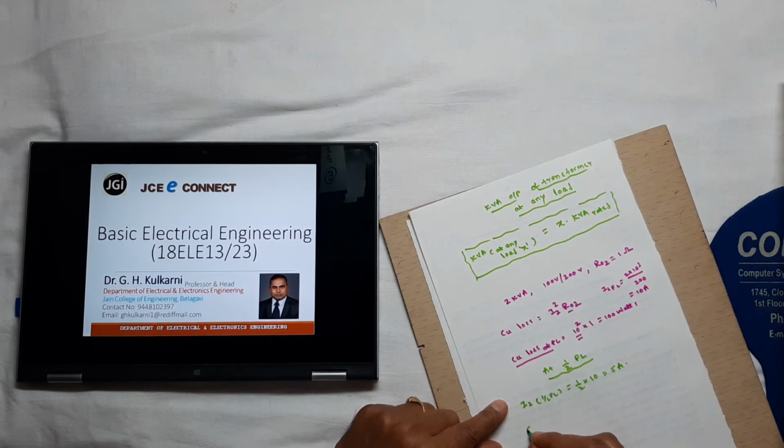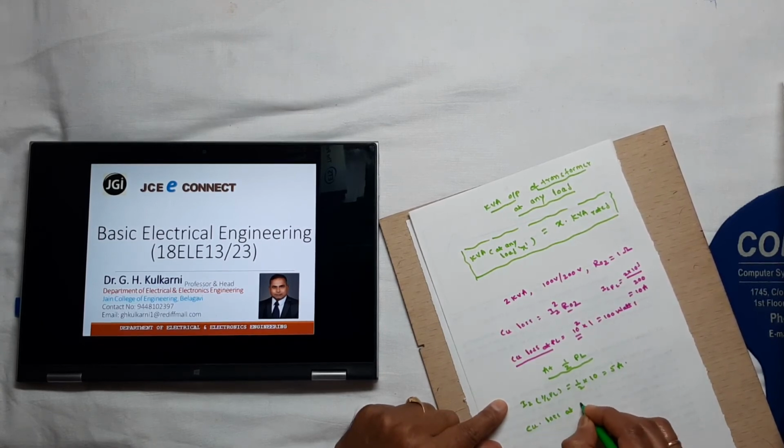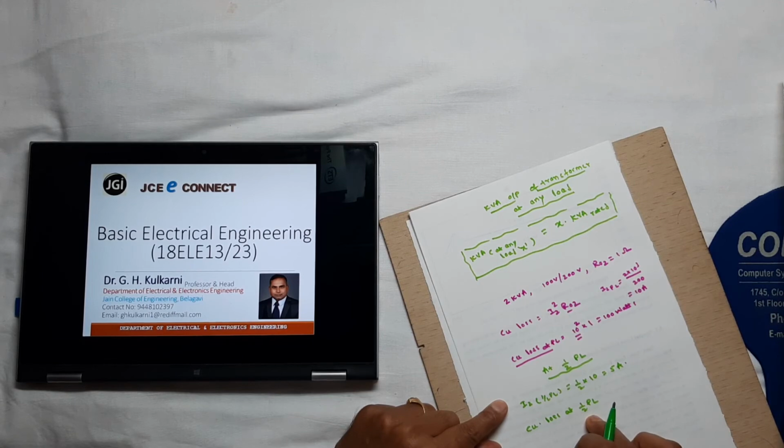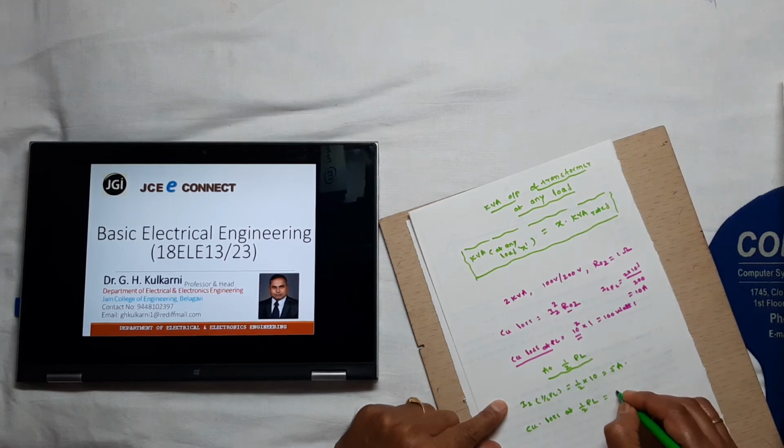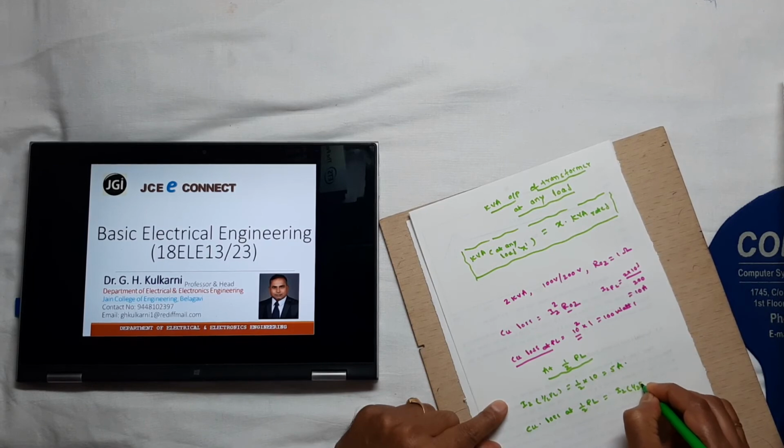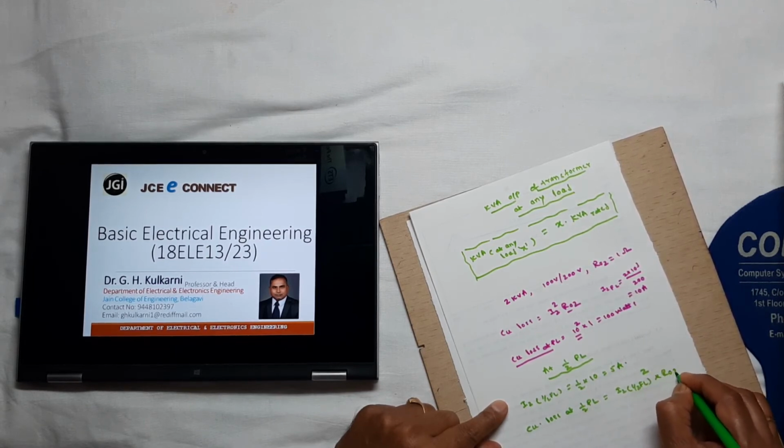Then what is the copper loss at half full load? It is the square of the current at half full load multiplied by the resistance. That is I2 at half full load, squared, into R1.